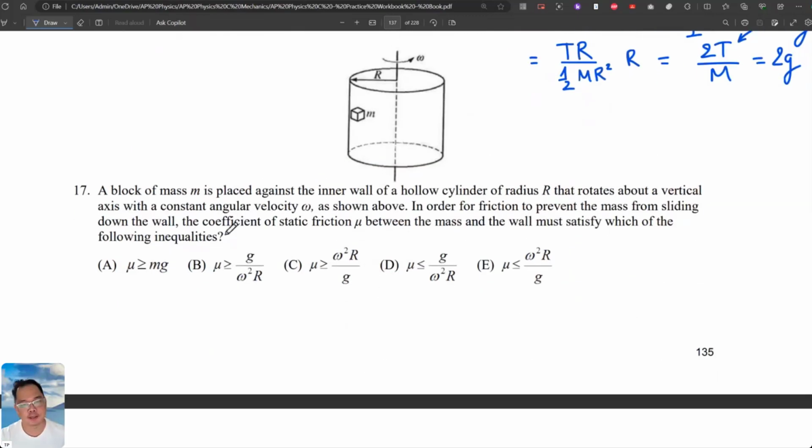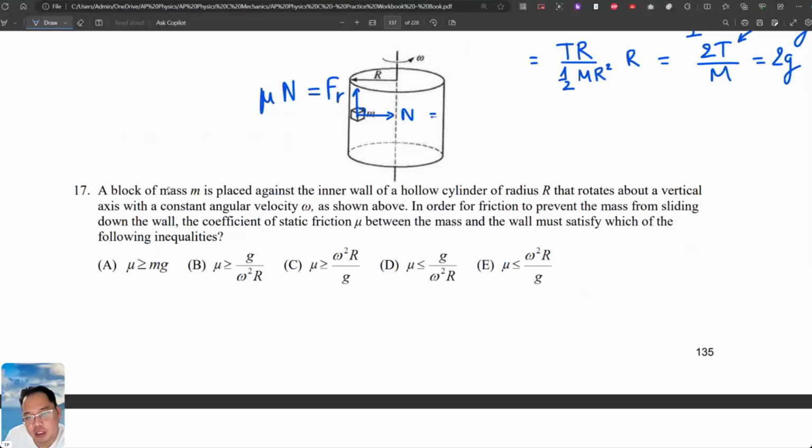17. A block of mass small m is placed against the inner wall of the hollow cylinder of radius R that rotates about the vertical axis with a constant angular velocity omega as shown above. In order for the friction to prevent the mass from sliding down the wall, the friction must be upward. And that friction is the coefficient of friction mu times the normal force that the wall exerts on this object.